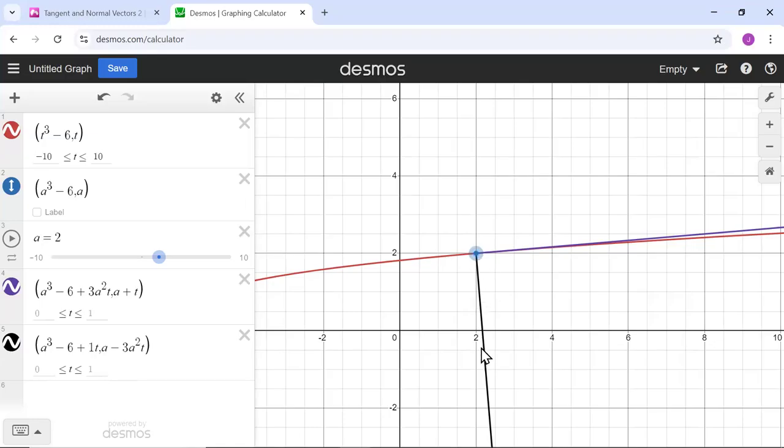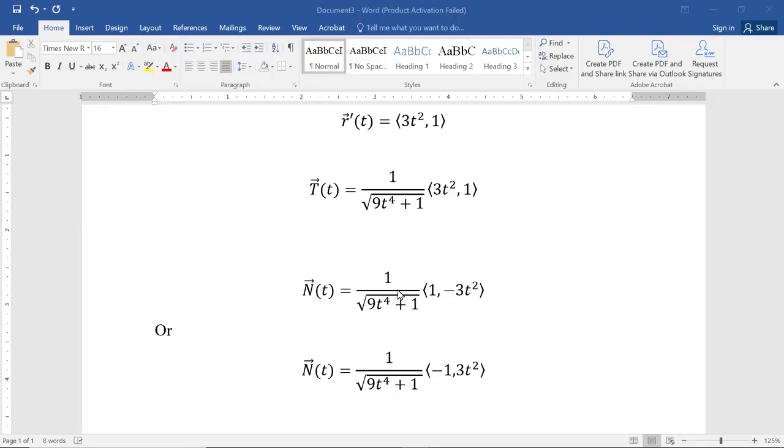Now this is obviously not unit length, but neither was my tangent that I drew either. So I'm pointing right and down, or down and right. Positive x direction, negative y direction. The one where if I plug in a positive t, I get a positive x direction and a negative y direction is going to be this one.